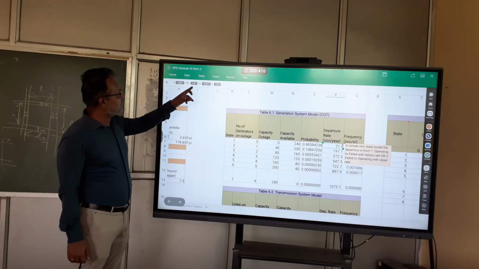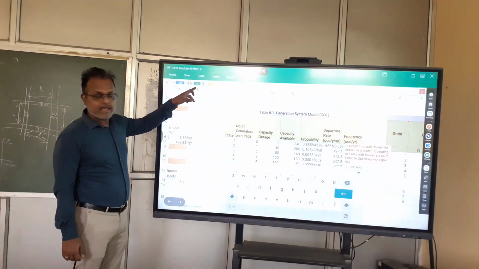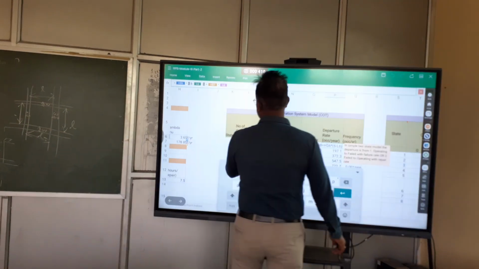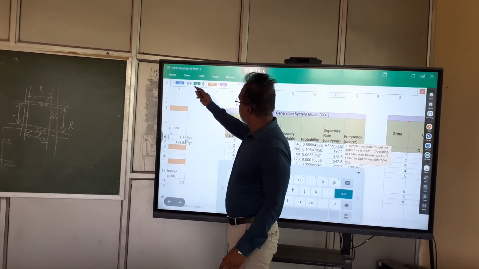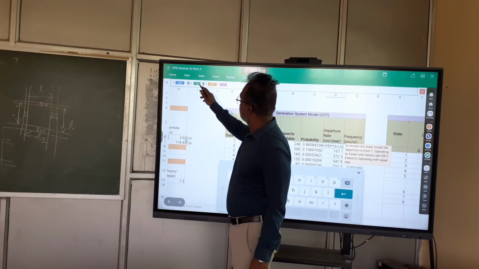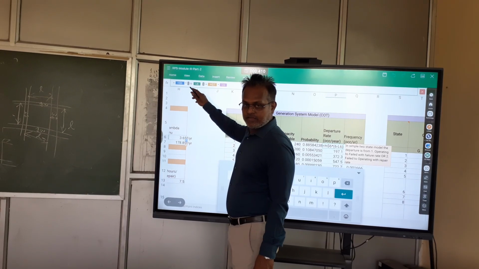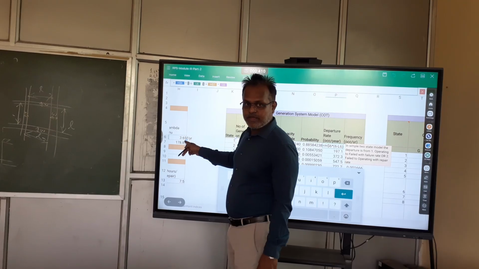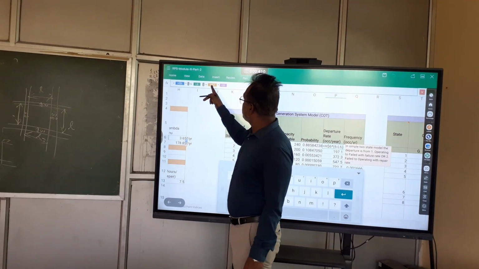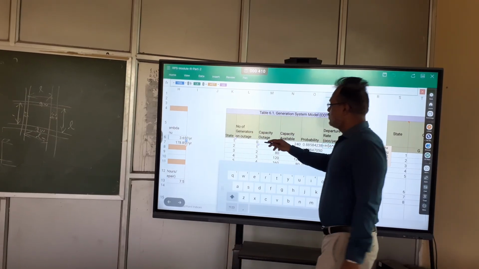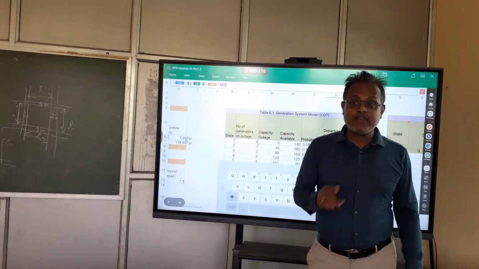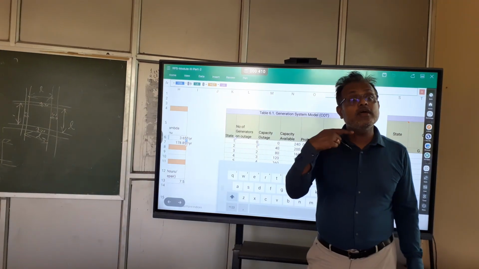So 6 minus 0 into 3.65, plus repair rate into L6, which is 0. No generator is out, so there cannot be any departure for repair.